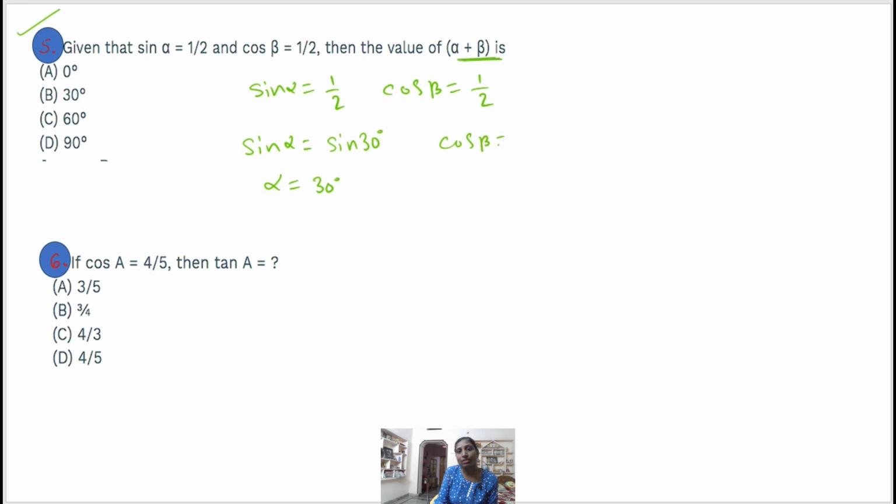Left side cos ratio is there, so 1/2 can be written as cos 60 degree. Comparing both sides, beta is equal to 60 degree. Now alpha plus beta is equal to 30 plus 60, which is 90 degree. So option D is correct.